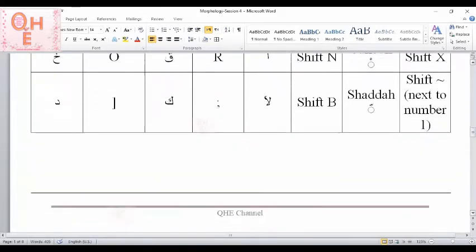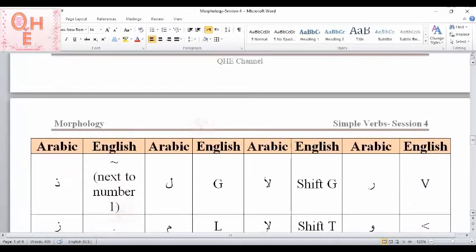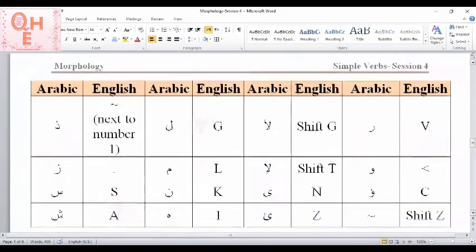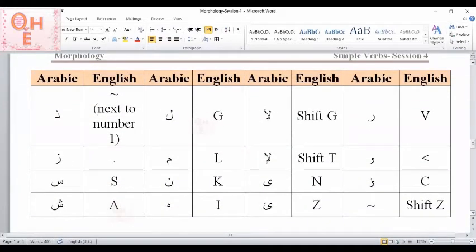And we have one more table. Okay, so once you have added the Arabic language in your device, it's very easy. You just need to have a list of these characters next to you, and then you can type the English keys using your keyboard, and you will get the Arabic characters on the screen.